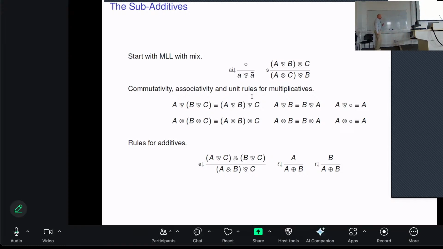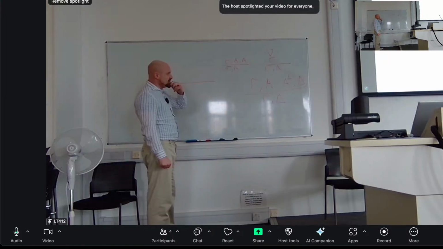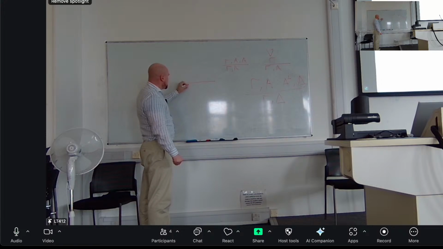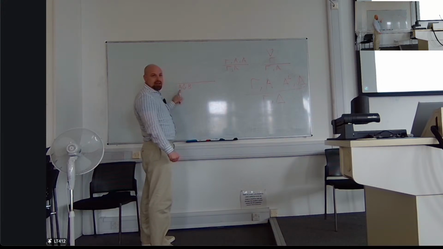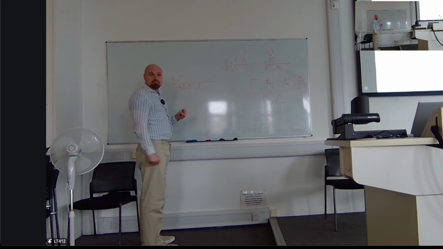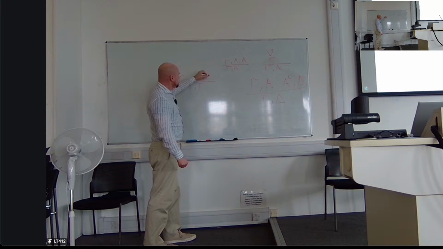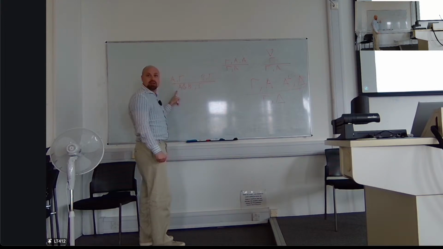So basically, in the sequent calculus, we have A with B, along with something else. Then what I can do is try to prove this, and try to prove this, to establish it.